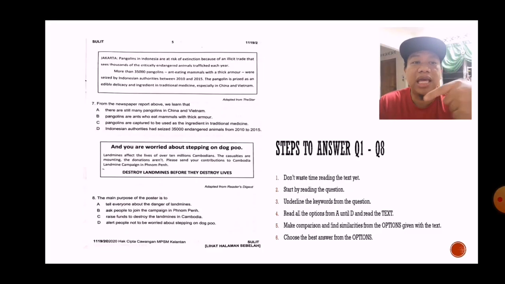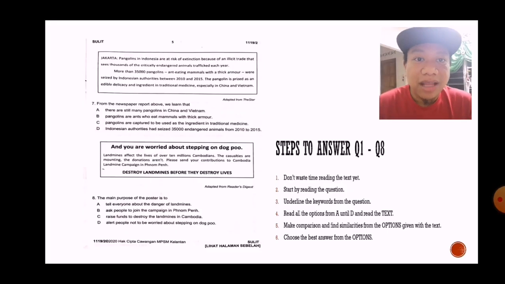So now we make comparison and find similarities with the options. There are still many pangolins in China and Vietnam. So is it mentioned there? I don't think so, because of the animals trafficked each year. So A is wrong. B, pangolins are ants who eat mammals with thick armor. Okay, it sounds nearly correct, but B is wrong.